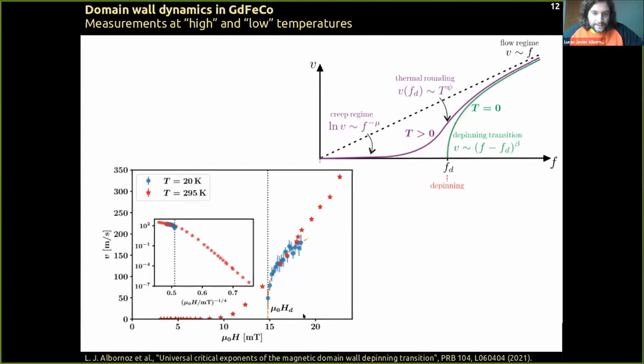As you can see, these two curves that we have obtained are very similar to the theoretical prediction that I have shown before. In particular, for 20 Kelvin, we observe a behavior which is quasi-athermal.